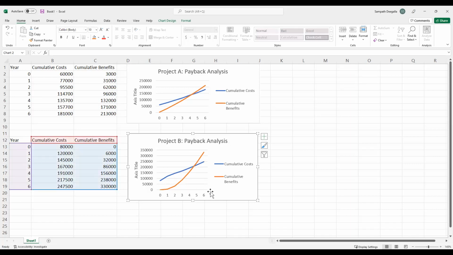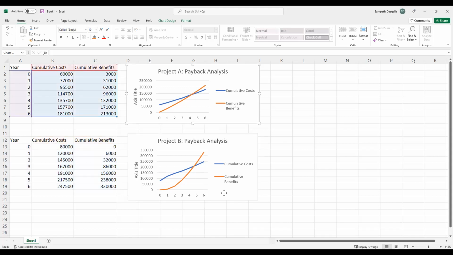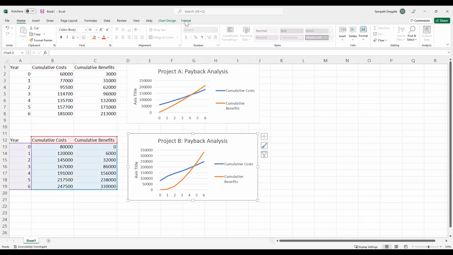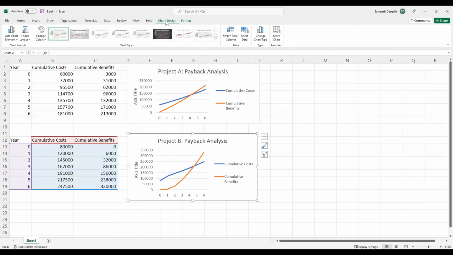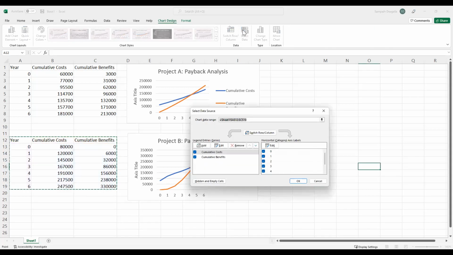You go to chart design, select data, and then change the values here. Click edit, select cumulative costs, click edit cumulative benefits, and click edit here, select from 0 to 6, and then you should click OK.